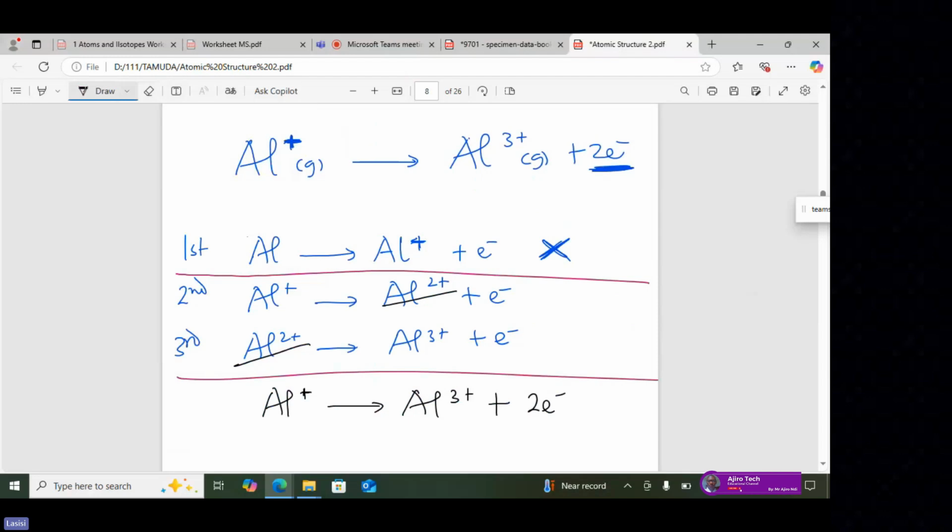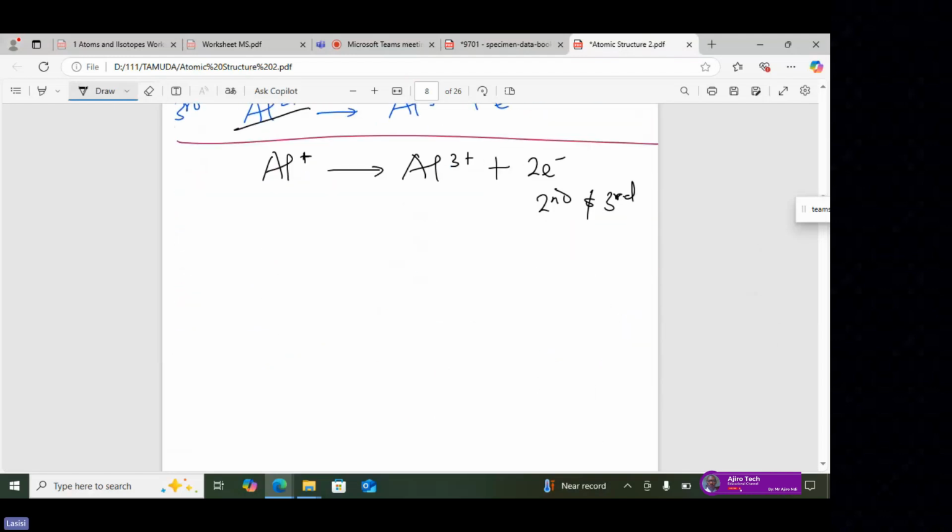Is that the same thing? Yes. So this one is second and third. There's no first there. First will start from Al. Is that okay?